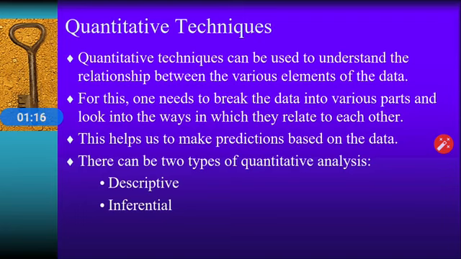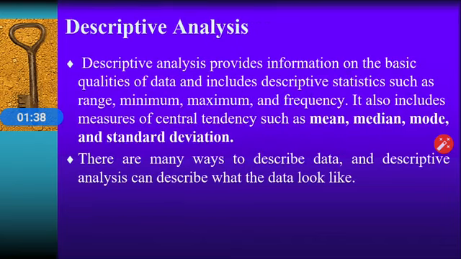One is descriptive, which is the most usual common kind of analysis that we make. Second is inferential. Today I will try to give you some hint about the kind of analysis that we do in descriptive and inferential analysis.